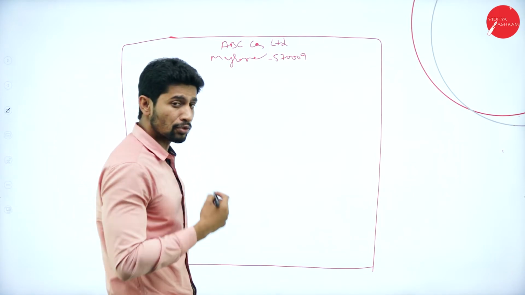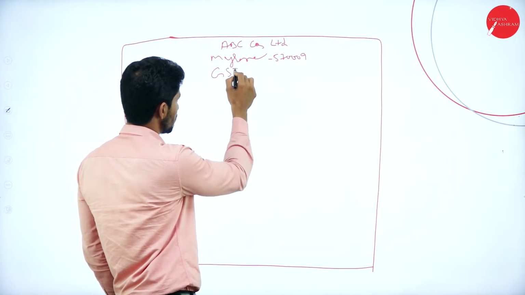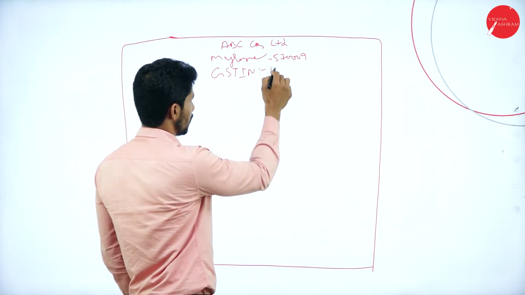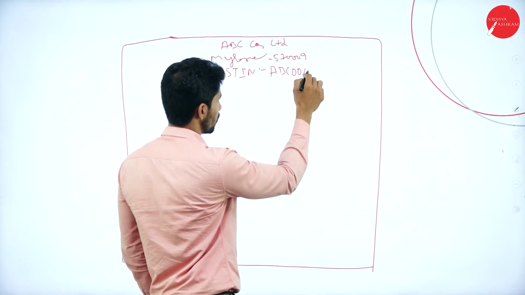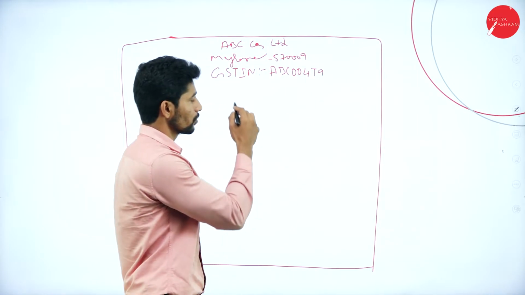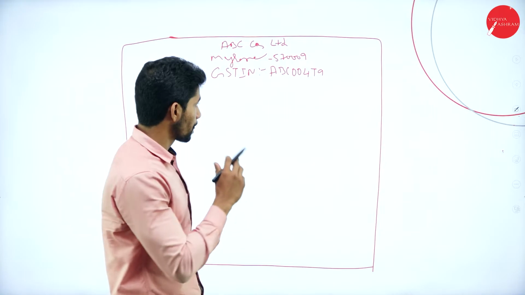Next, they also have to mention the GSTIN number. Like say ABC 004T9. So this is how they are going to give the GSTIN number with an alphanumerical series.